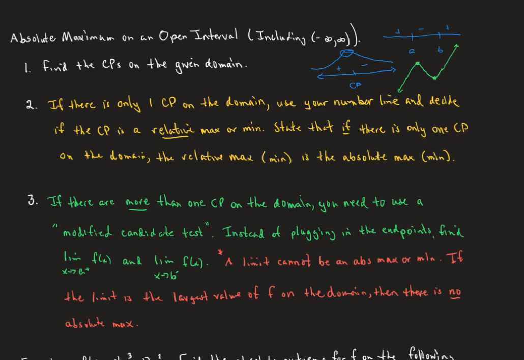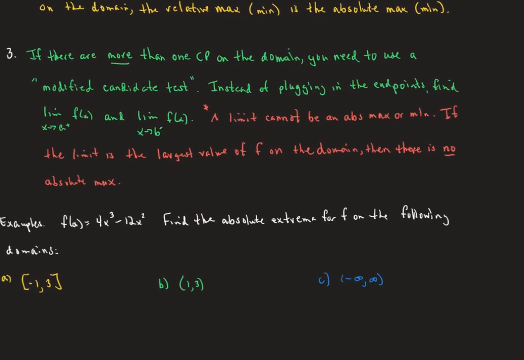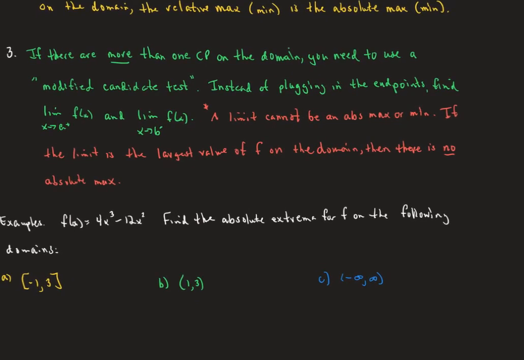So then what we can do is kind of what I call, and this is a Mr. Street made up name for this, a modified candidate test. Since we can't plug in the endpoints, we'll take the limit as it approaches those endpoints instead. Now, keep in mind, A and B might be negative infinity and positive infinity.